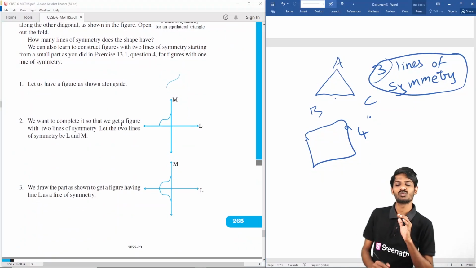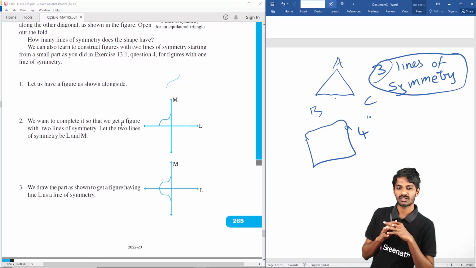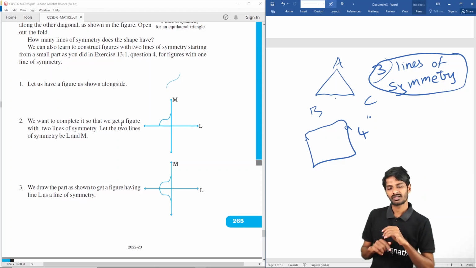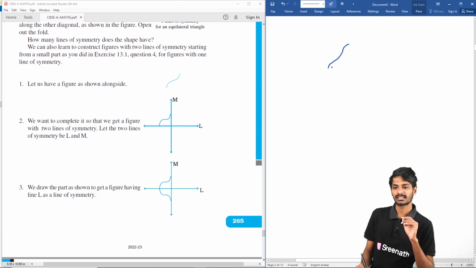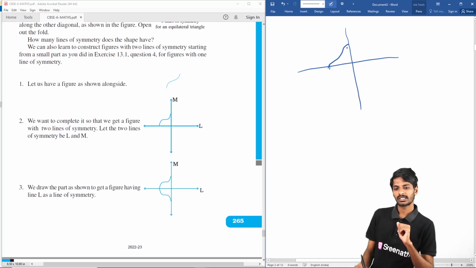So these are the symmetry operations. Let us try to draw a figure and find how many lines of symmetry it has. Here it is a simple shape like this. Draw a line like this and draw another line which is perpendicular to this line. You are getting these 2 lines.